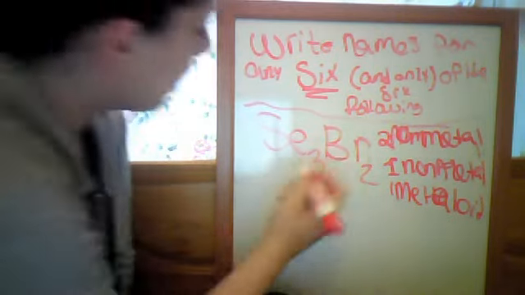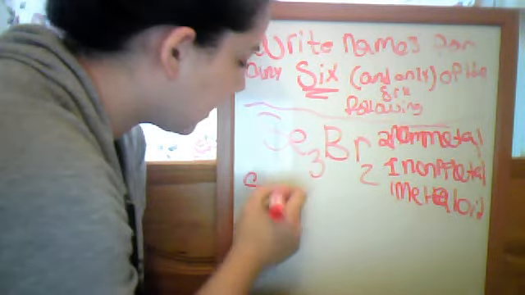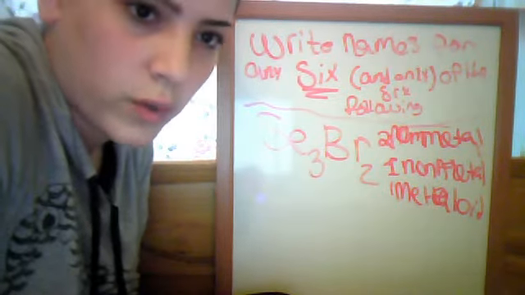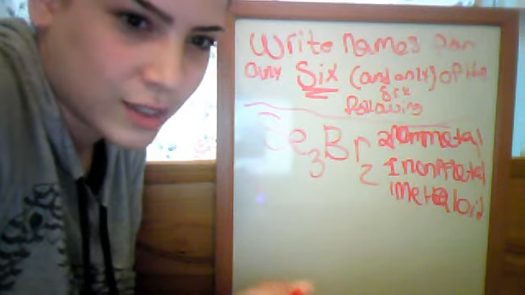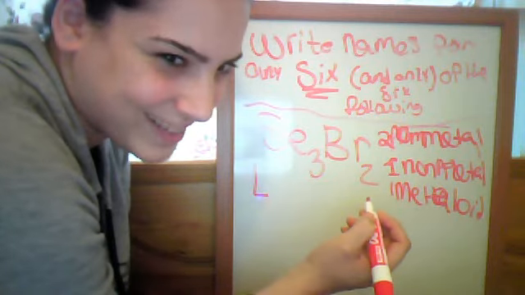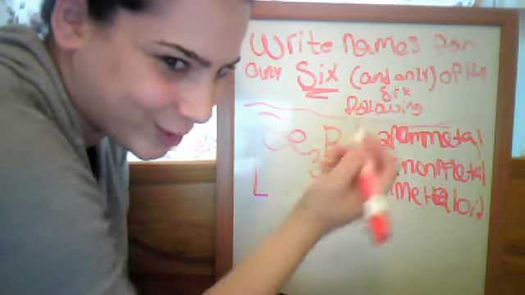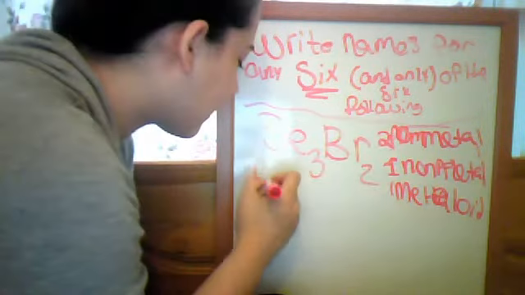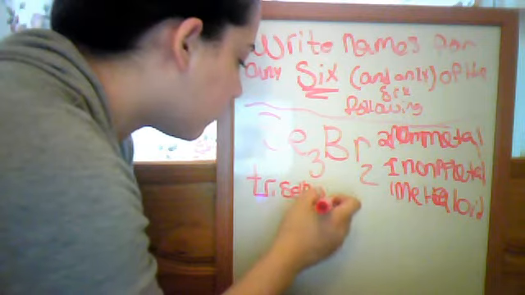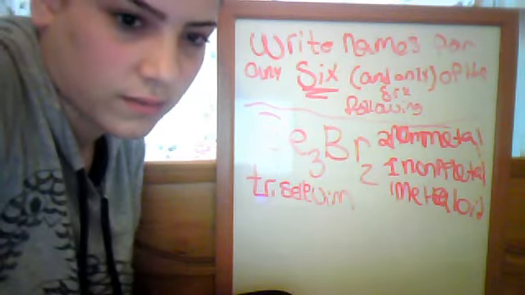So, selenium. Do we see just one selenium, or do we see three? We see three of them. So what we write is three seleniums. So tri. We don't put three selenium. It's not appropriate, it's not professional writing. So tri selenium.